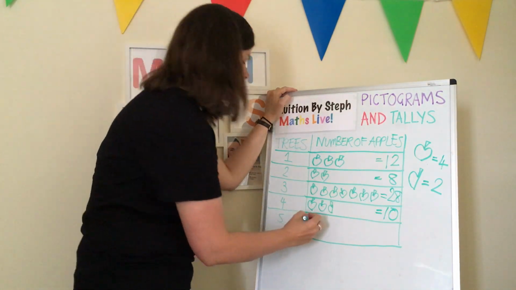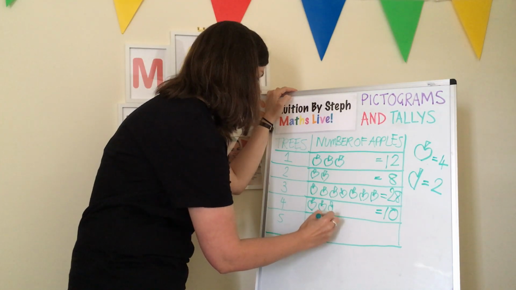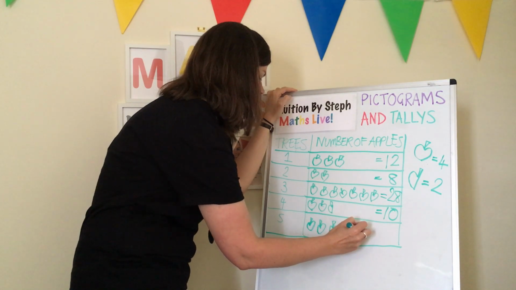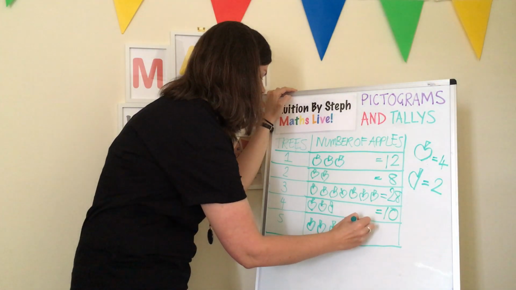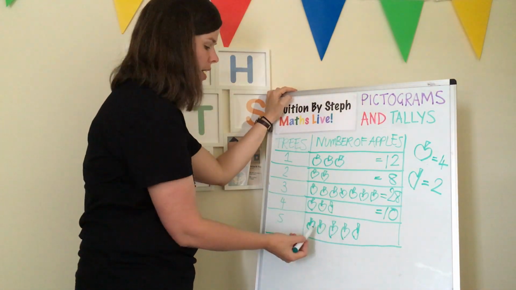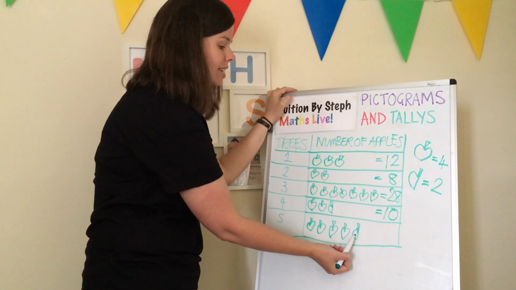Okay, and then the last one. And again, just to show you, that's quite a big half an apple. So I've definitely got half there. So 4, 8, 12, 16, 17, 18.